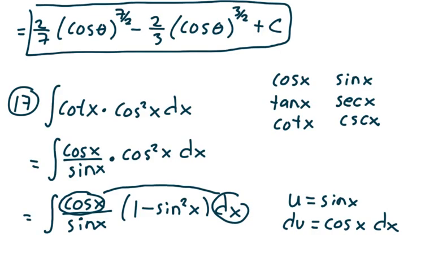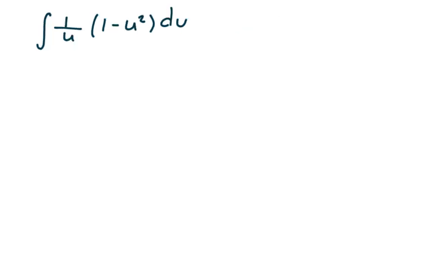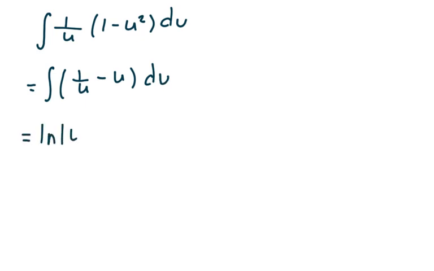See? Sine of x gets replaced with u, but that sine of x is in the denominator. So if I distribute in, I get 1 over u minus u du, and I'm done. You get natural log of the absolute value of u minus 1/2 u squared plus c.